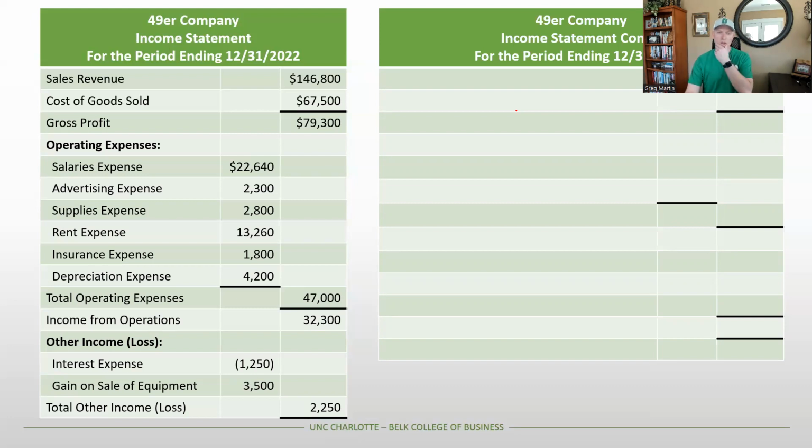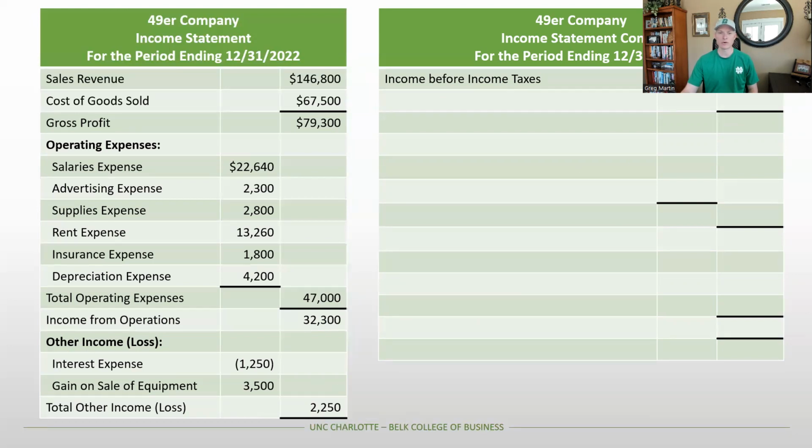And so after our total other income and loss, the next section is our taxes. I'm guessing that might be hard to see, so I'm going to move my thing over here. I don't know if that's going to work. We'll see. But now your income before income taxes is 34,550, which is 32,300 plus the income from my other items.